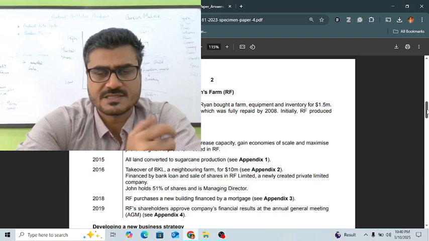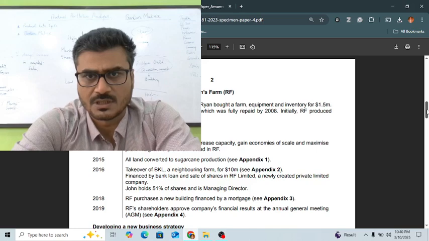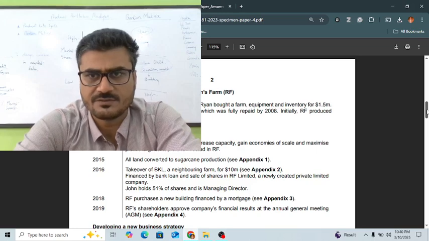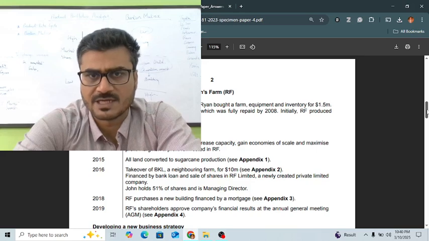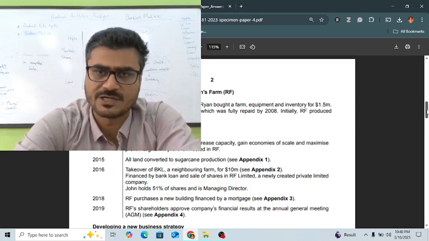So obviously it is saying that Ryan started a business with a bank loan for buying a farm, equipment and inventory for $1.5 million, and that bank loan was fully repaid in 2008. So the loan was taken in 2001 and fully repaid by 2008.